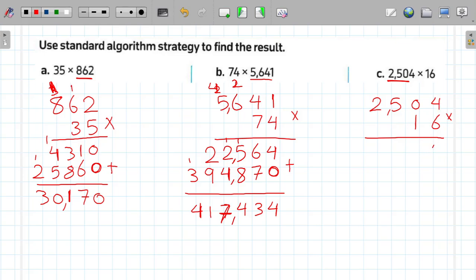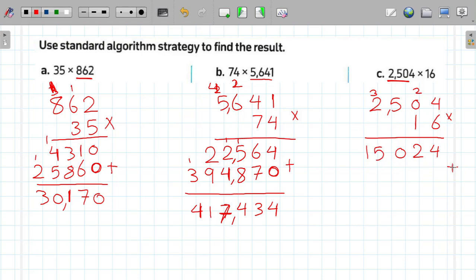So I will write 4 and carry up 2. 6 times 0 equals 0. And 0 plus 2 equals 2. 6 times 5 equals 30. So I will write 0 and carry up 3. 6 times 2 equals 12. And 12 plus 3 equals 15. So I will write 15.